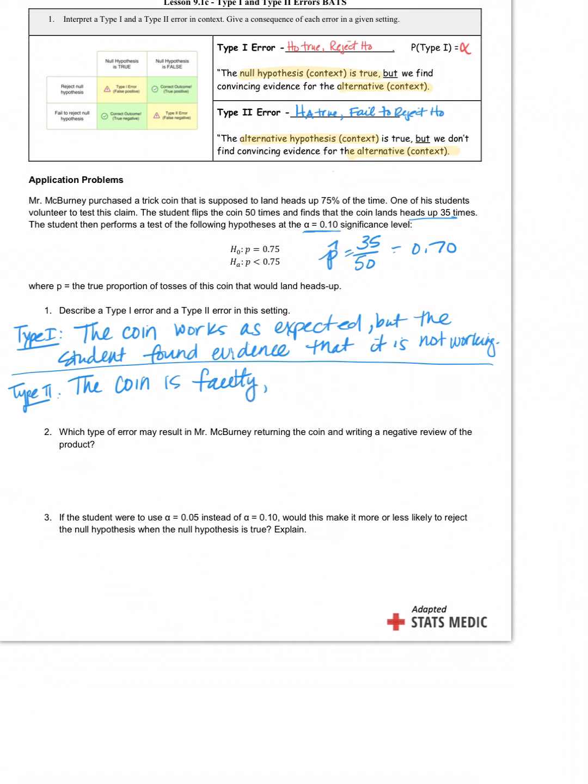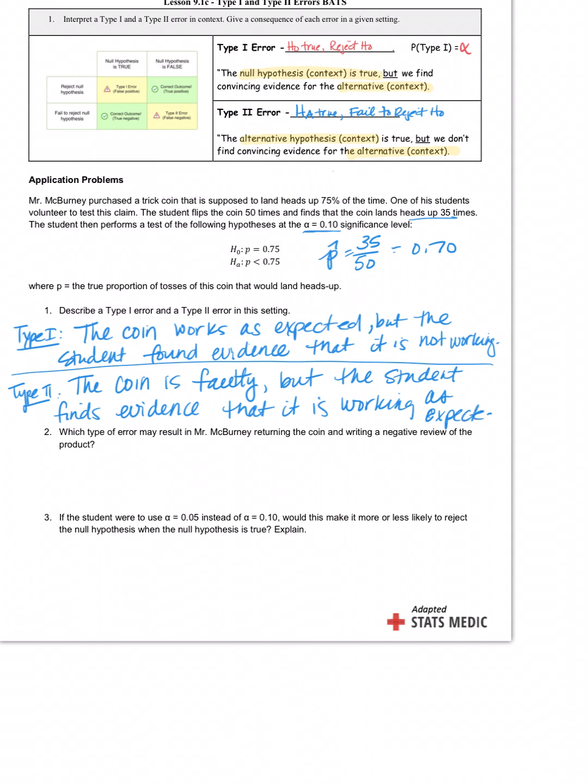It's faulty, not working correctly, however you want to phrase that. But the student finds evidence that it is working fine, right? Or as expected. More than one ways you can phrase this correctly, but you've got to get your null and your alternatives in the right places, all right?